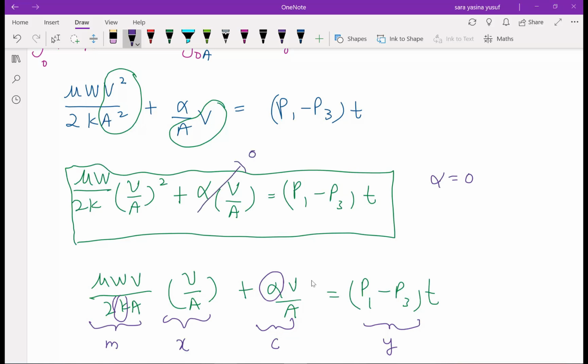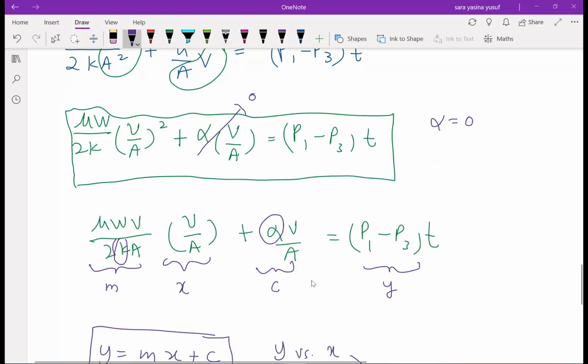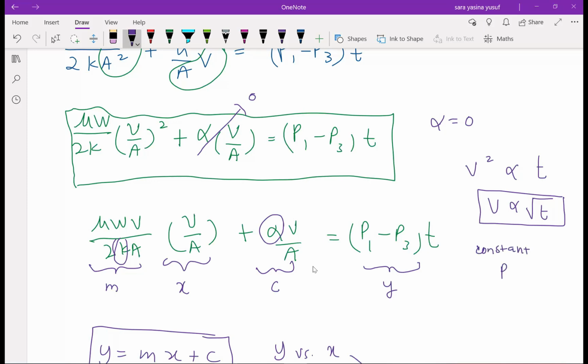So these terms akan jadi 0. So we will get v square is directly proportional to t. In these cases, we can say that volume of gas processed is proportional to the square root of the time of filtration. So T is the time of filtration. So this is the case of constant pressure.